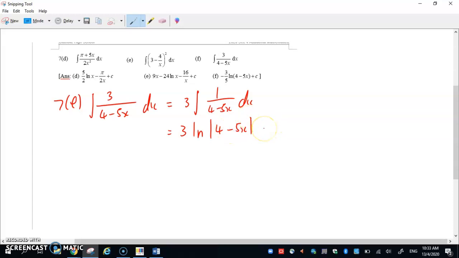Notice here we'll have to use a logarithm, and subsequently I will have to multiply by negative 1 over 5, plus c. So your final answer will be negative 3 over 5 ln modulus of 4 minus 5x, plus c. So that's your final answer.